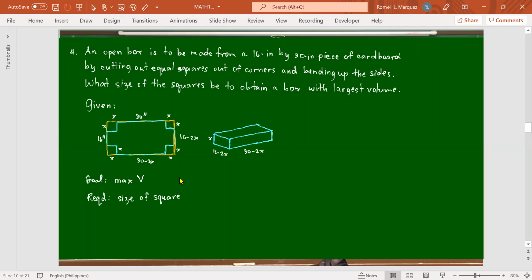Okay, children? Meaning dimensions. You can also multiply to get the area.